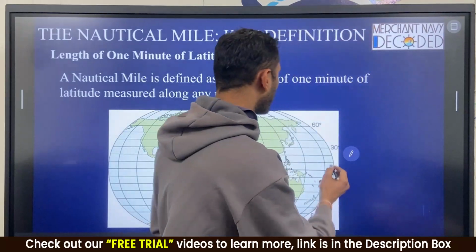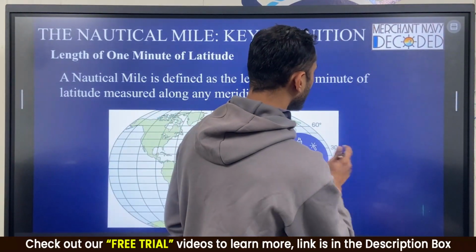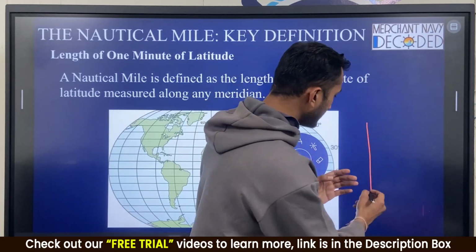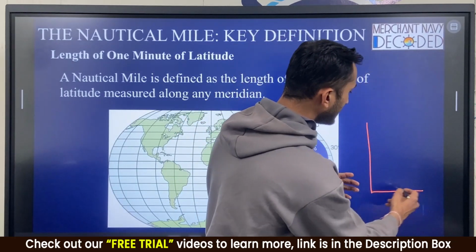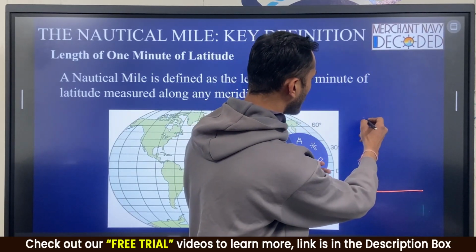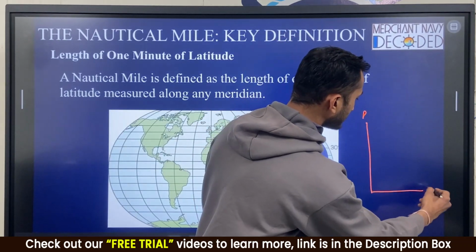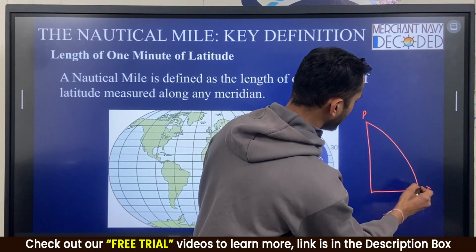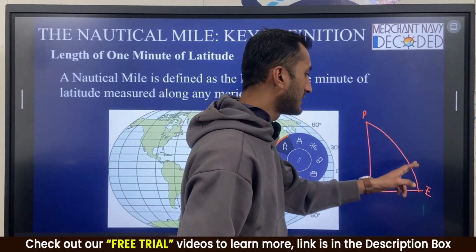If I have to give you a better picture, let this be the 90 degree, let this be the equator's plane, let this be the pole. This is equator, this is pole, and then we have this longitude running through like this.